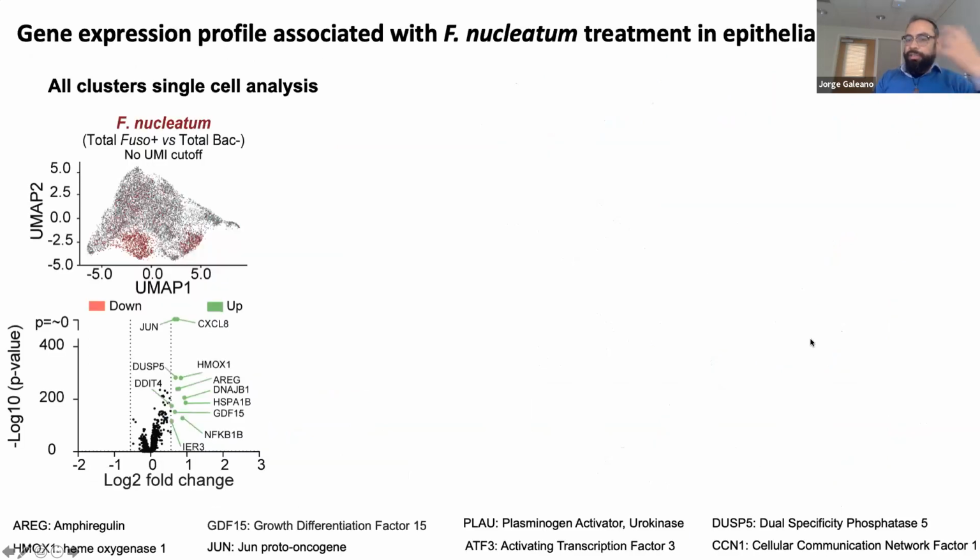We also want to show you that we have different analysis techniques in order to understand this data. The first one is a simpler approach, where we just compare the transcriptional difference between cells that are positive for Fusobacterium versus total cells that are negative for bacteria. This is the corresponding gene expression profile when we compare these two populations.